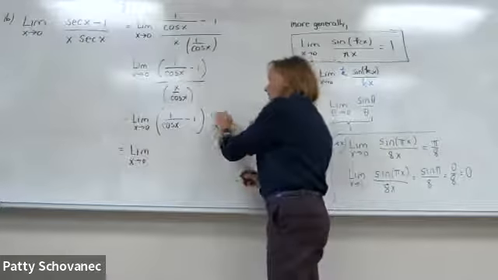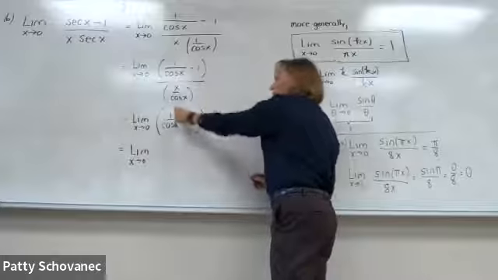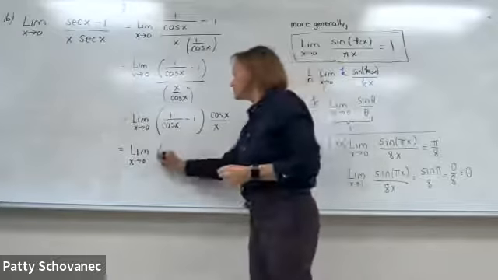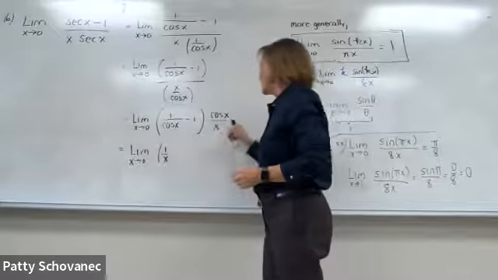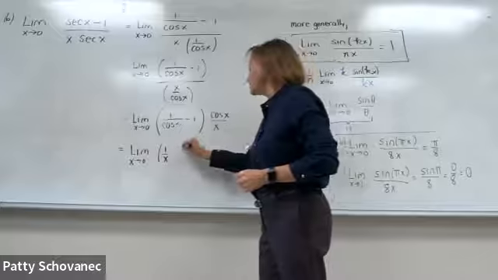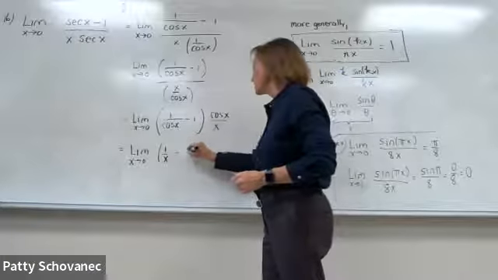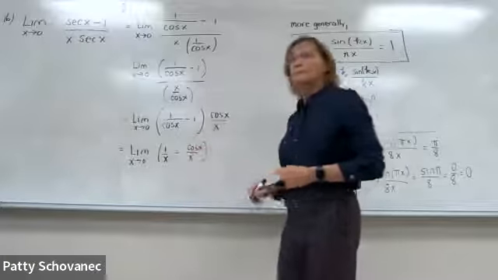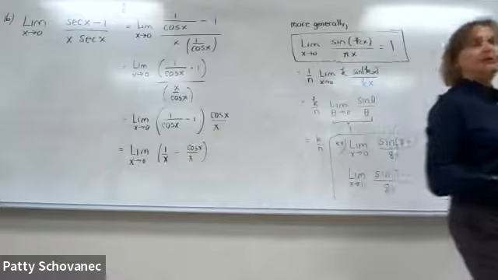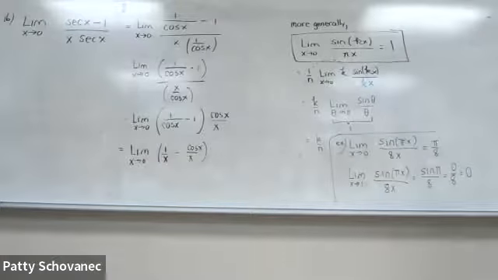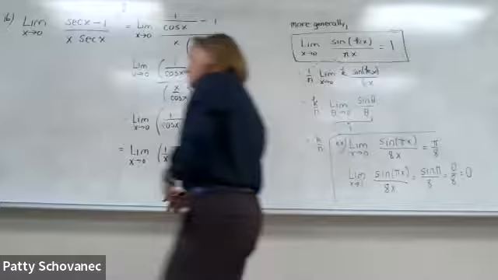So when I take that times this, the cosines will cancel, leaving me with 1 over x. And then when I take that times that, I just have cosine of x over x. But there's no reason to write those as two separate fractions because they already have a common denominator. Let's go ahead and put them together as a single fraction.